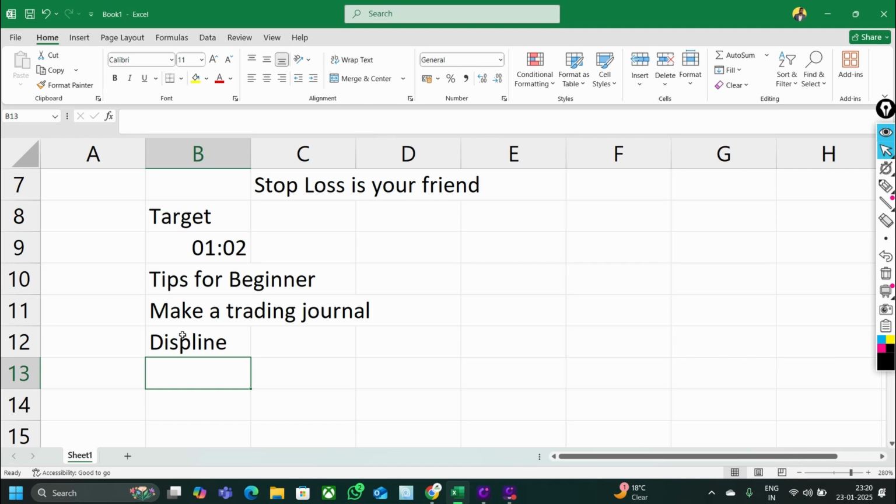And you have to control your emotions. Otherwise, if you can't control your emotions, then you can't win in the stock market. So you have to control your emotions and be disciplined, so that you can become a profitable trader.